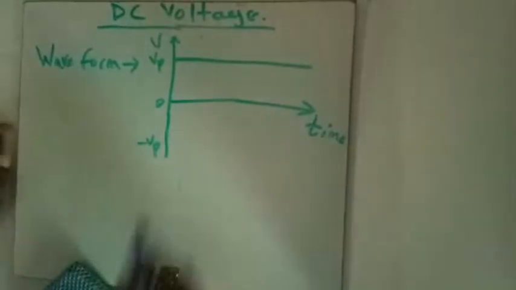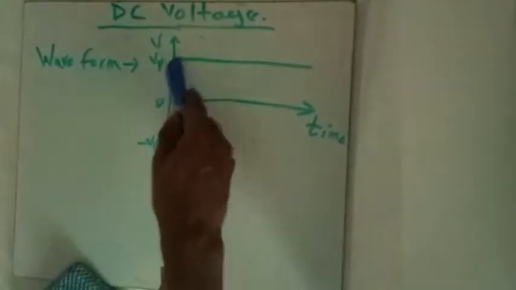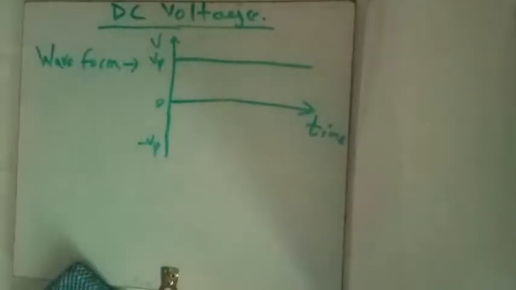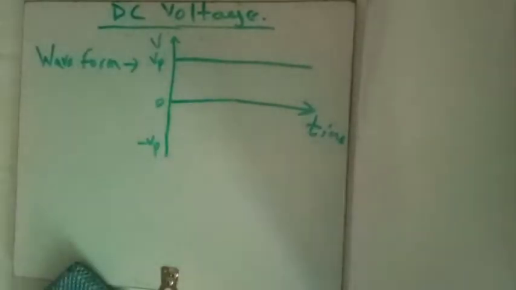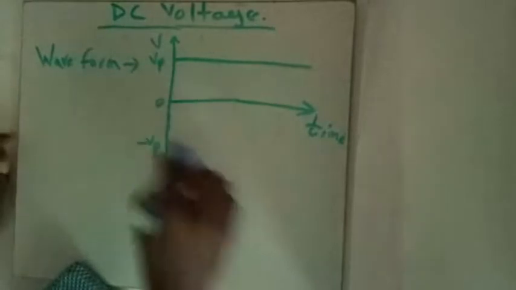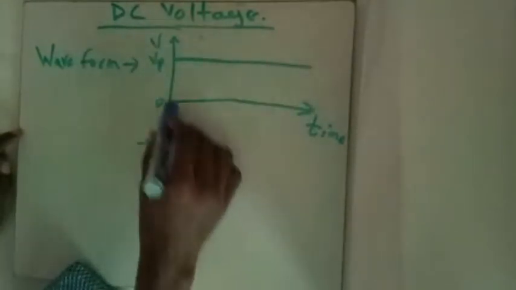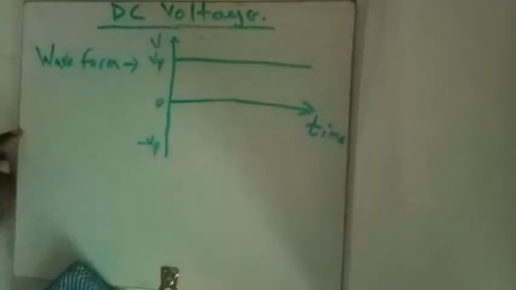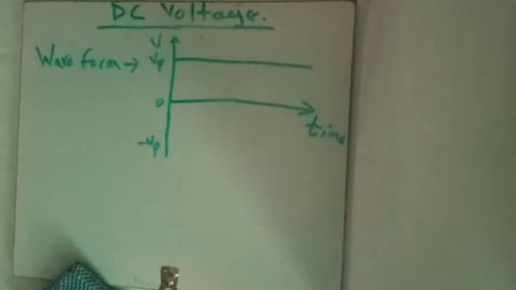So DC voltage attains a particular voltage level, which is the positive V peak, and it maintains that voltage level throughout an observed period of time. So basically nothing happens below your V peak unless you change the voltage levels, and nothing happens on the negative side of your voltage axis.